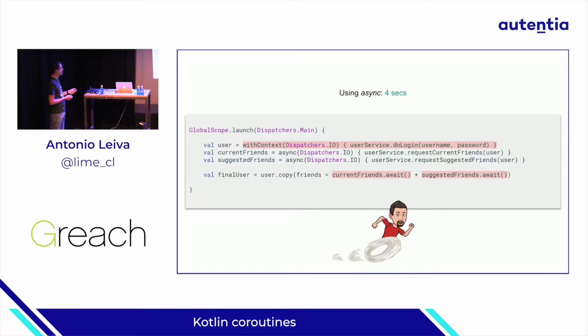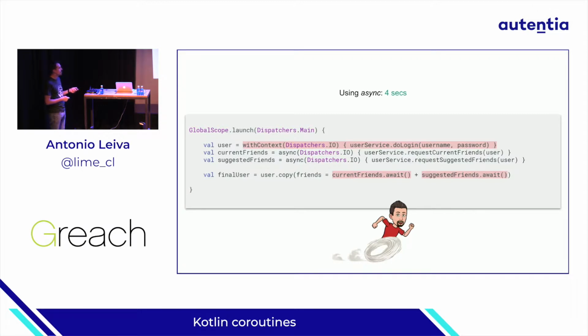When we really need the result of those calls, we call await, which is at this point, and here we'll get blocked until those two requests are finished. Here I said that both will take 2 seconds, but maybe one finishes before and the other one finishes a little later, but it doesn't matter.